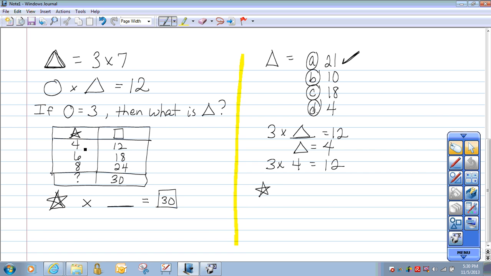So the pattern in each one of these is times 3. 4 times 3 is 12, 6 times 3 is 18, 8 times 3 is 24. So I would plug that 3 into my pattern, and I'm looking for an answer of 30. What number would that star be? Well, knowing our math facts, we know that star is 10. So 10 times 3 equals 30.